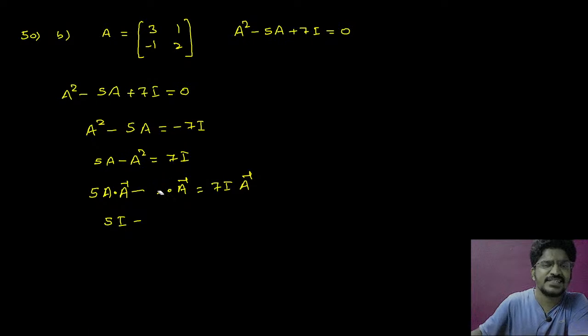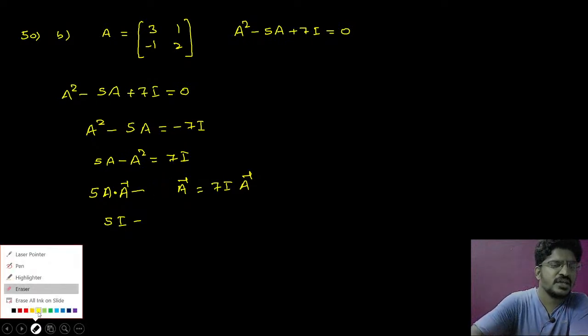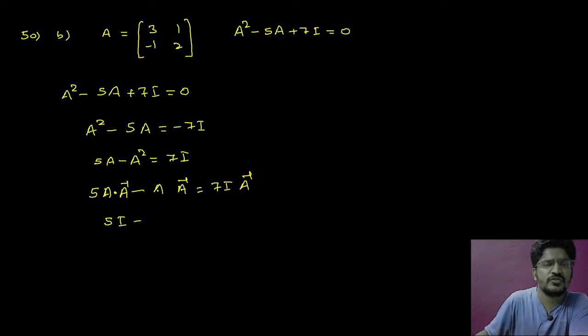I will write it as a into a, otherwise you will get confused. So now a into a inverse will be I, I into a will be a. That will be equal to 7 times I into a inverse, which is a inverse.